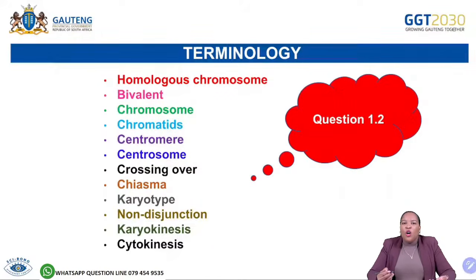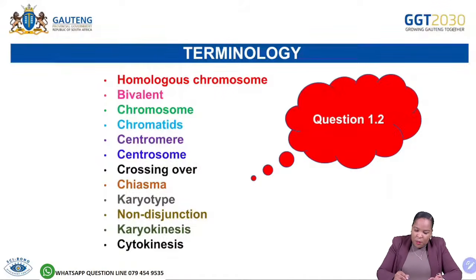Then there's also terminology. Here is a terminology that most of you confuse when you are dealing with these topics. So the first term you must know: homologous chromosomes. What do they mean when they talk about that? Bivalent, chromosome, chromatids, centromere, centrosome. Here, this is where you find a challenge.